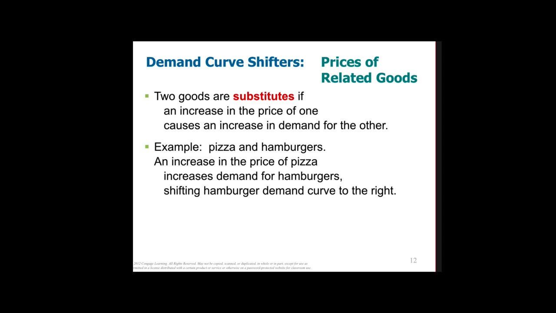If I tell you to graph demand for hamburgers, is the graph of hamburgers going to change? No, because the price of hamburgers is what went down. You just went from one point on the graph to another point as you went down the y-axis. That's where it starts getting tricky. You have to be very step-by-step sequential in your analysis.